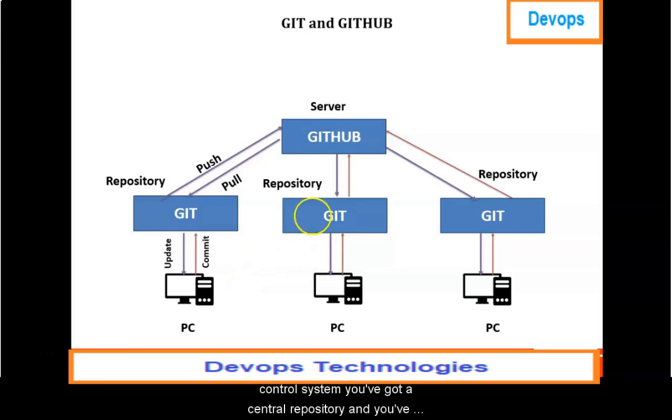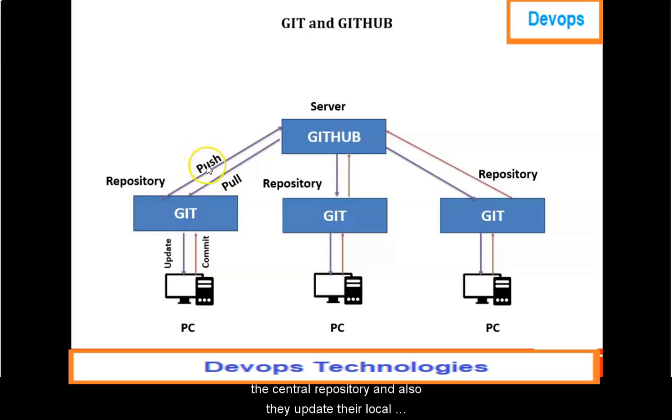So in a distributed version control system, you have a central repository and you have local repositories as well, and every developer at first makes the changes in their local repository, and later they push those changes, or transfer those changes, into the central repository.